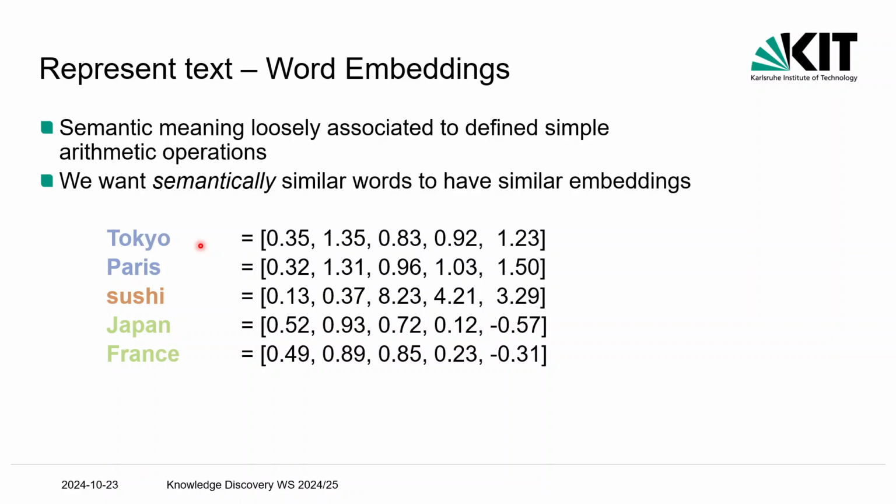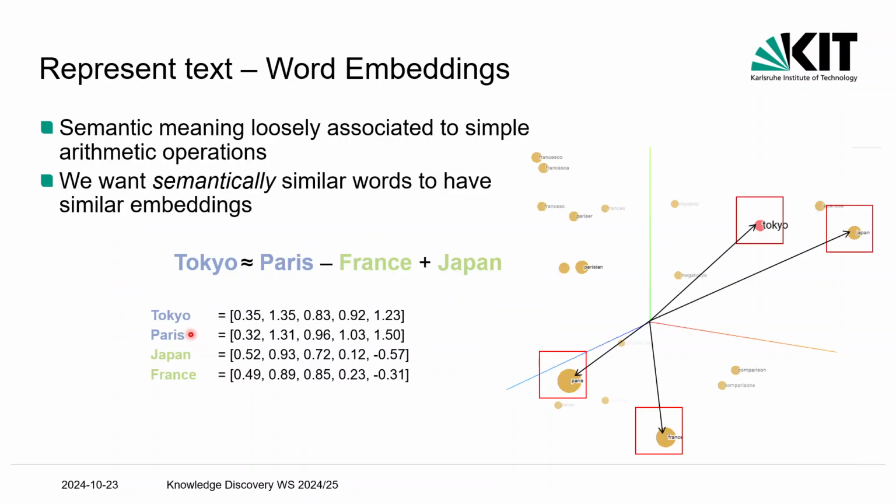So as such, you can tell that the difference between the entries here is not necessarily very large. And we can do some kind of operations with it. This is not a famous example, but this is the famous idea behind it. Because we want semantically similar words to have similar embeddings, we train them as such so that we can do all kinds of fun operations with them.